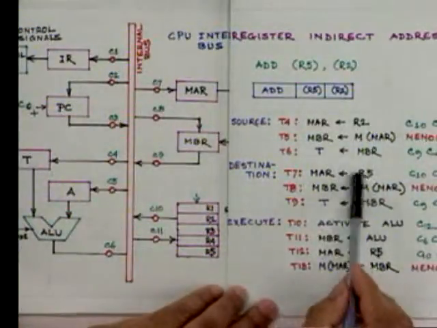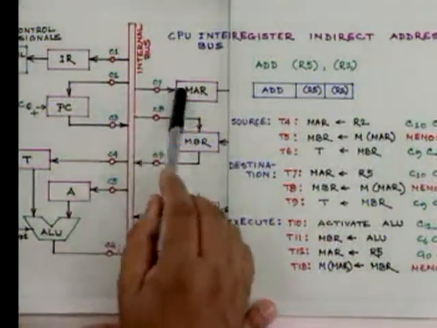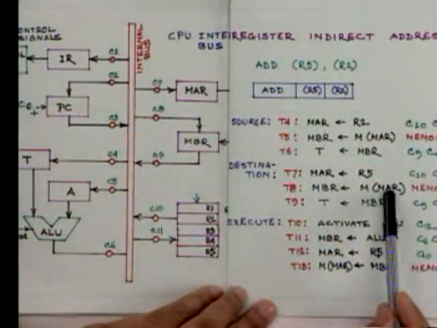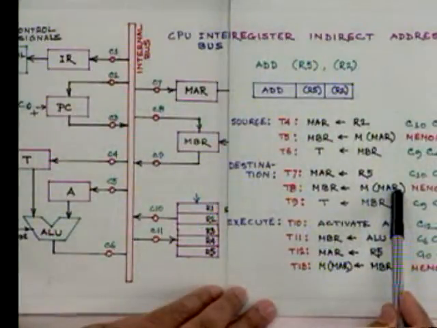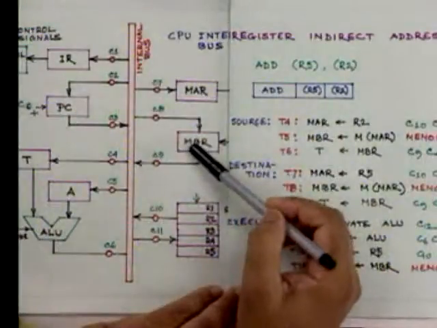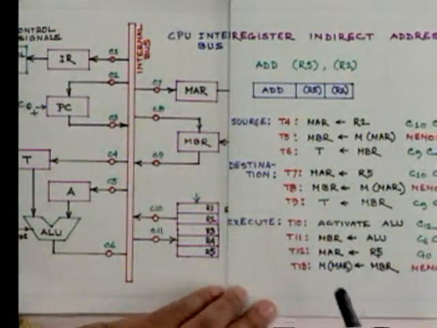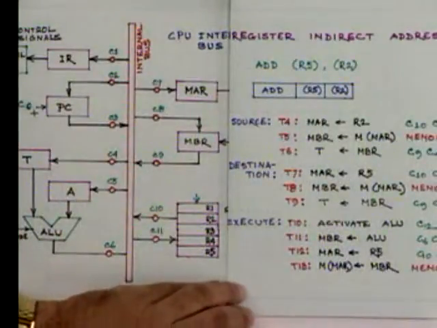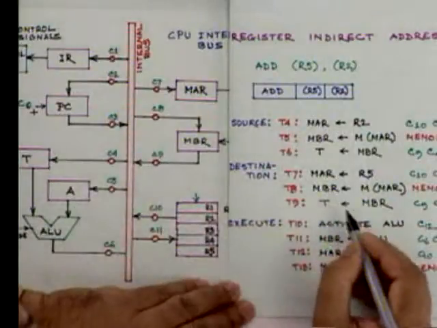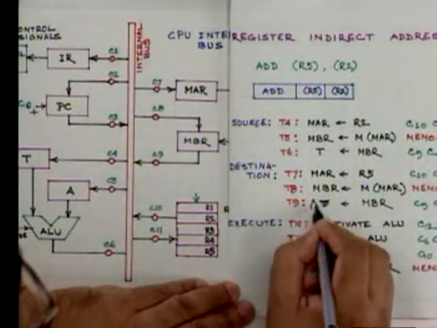Therefore R5 comes to MAR, with C10 and C7, then the content of the memory location pointed to by the memory address register comes to MBR, which is a memory access. The content of MBR is sent to, it should not be T, it should be A.